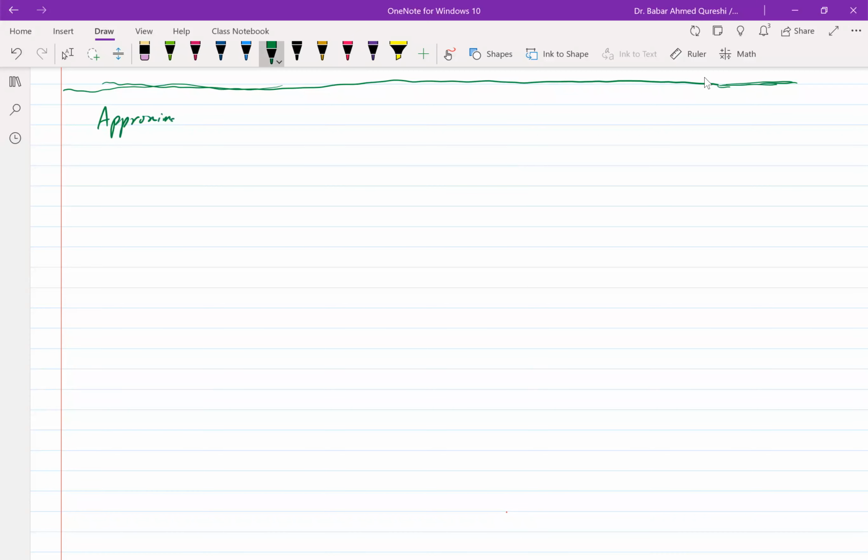Approximating discrete probabilities by a probability density curve.